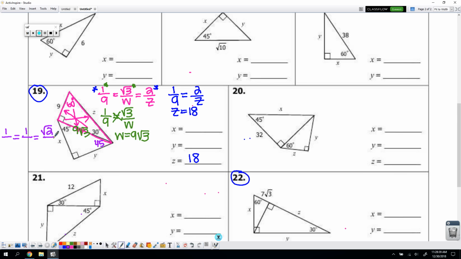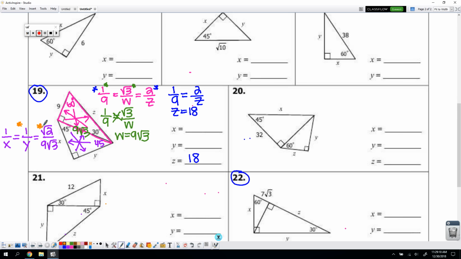So across from my 1 is my smallest one, X. And same thing here, so that's Y. And then across from square root 2 is 9 square root 3. Because these are going to measure the same, X and Y, since it's isosceles, I'll just do one pair. Okay, so let's just do this one.